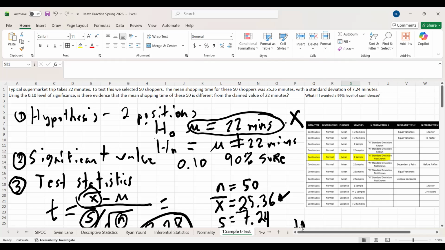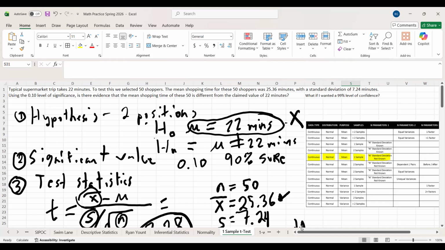So one thing we want to know is whether 25.36 minutes is statistically significantly different than the typical supermarket trip. That's all we can tell, right? Is it statistically significantly different? And we have a standard deviation of 7.24 minutes for those 50 shoppers.